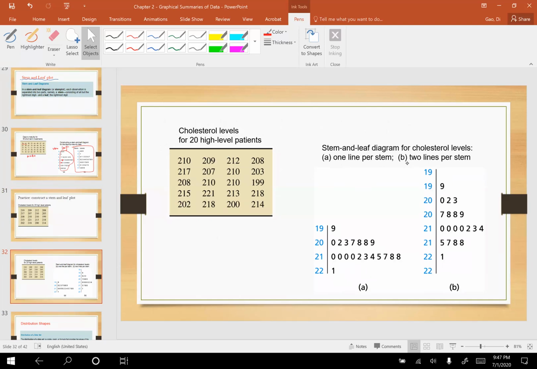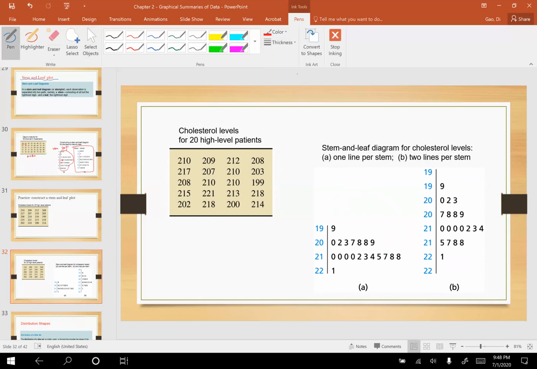For the first one, we use one line per stem, because the rightmost digit is going to be the leaf. Everything but the rightmost digit gives us just 4 different values: 19, 20, 21, and 22.